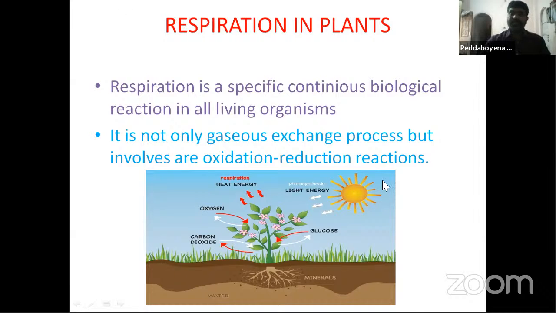Food material means generally glucose. You are observing in the leaf, they produce the food material in the presence of sunlight. That is photosynthesis. So the green plants are called autotrophs.